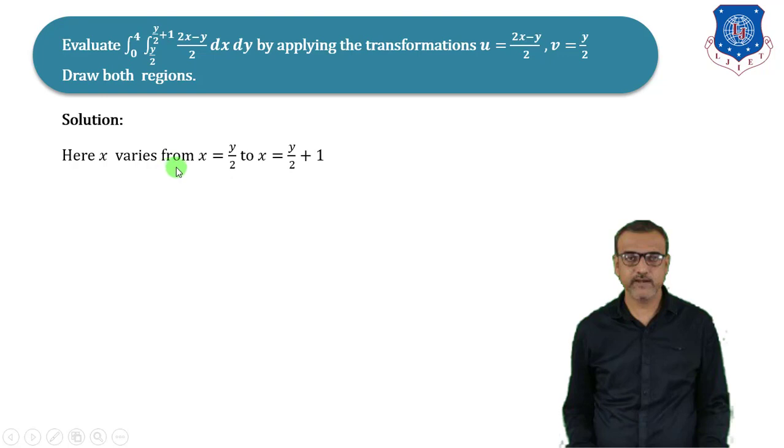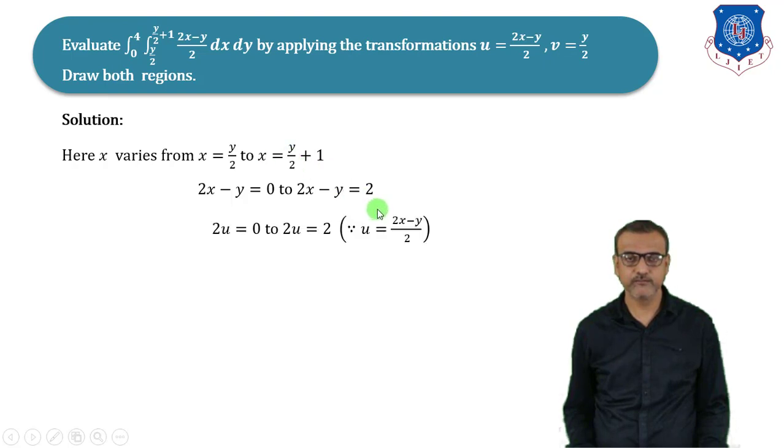Here x varies from y by 2 to y by 2 plus 1. Now x equals y by 2, so we have 2x minus y equals 0. And from x equals y by 2 plus 1, we have 2x minus y equals 2. Now you can see that 2x minus y upon 2 equals u, so 2x minus y will be 2u.